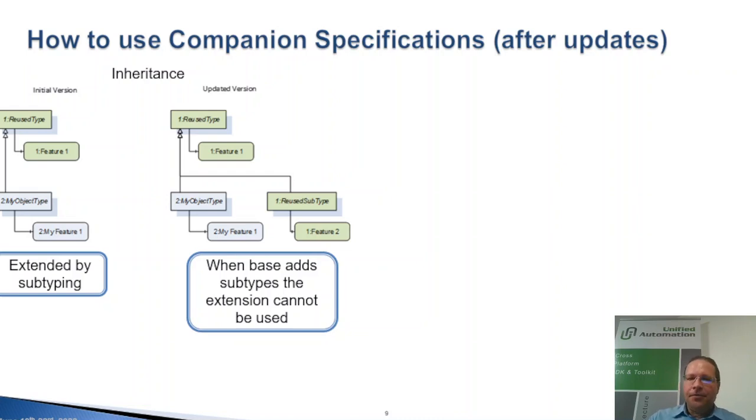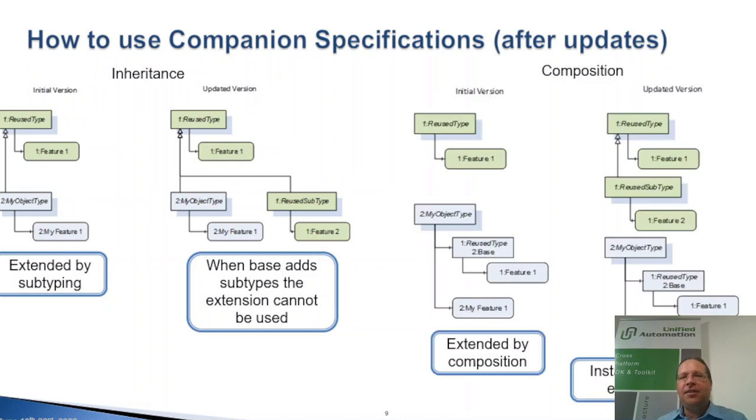If you look at how this works with composition, that works much better. On the left hand of the new figures, we still have this. The top level is the same, right? The companion spec always creates a new type later. But if we use composition, it means to my object type, I add an object which is of the type of the companion specification.